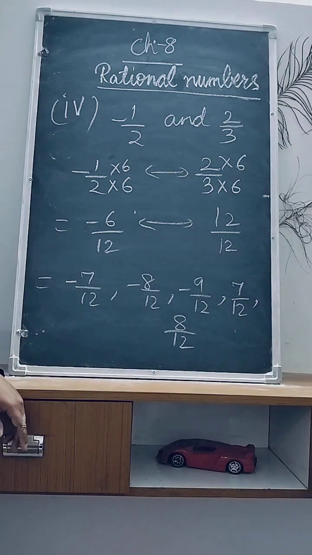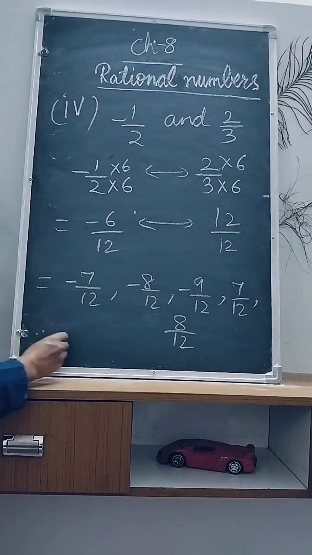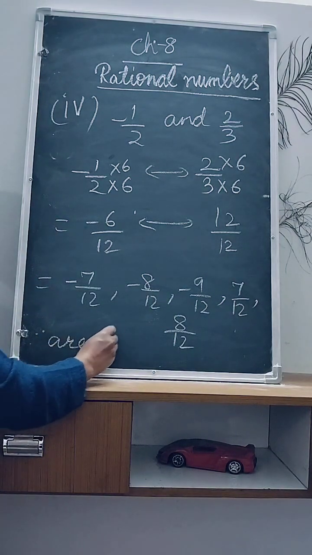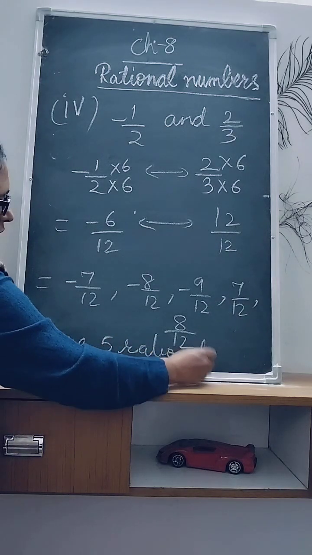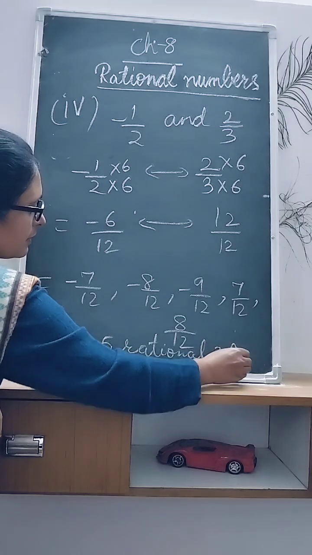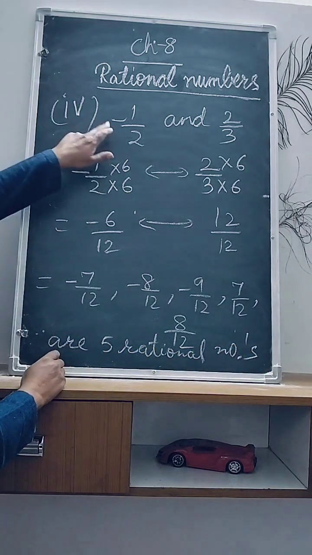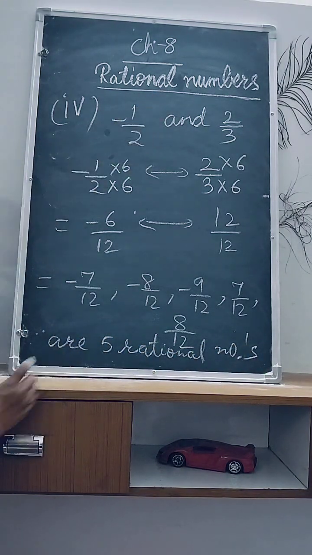So these are the 5 rational numbers which lie between minus 1 by 2 and 2 by 3. This way you can find the 5 rational numbers between any two terms.